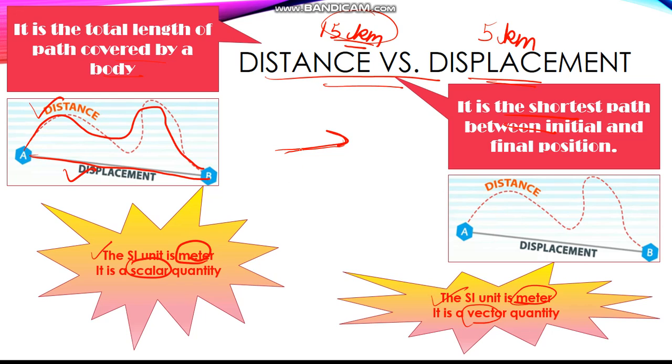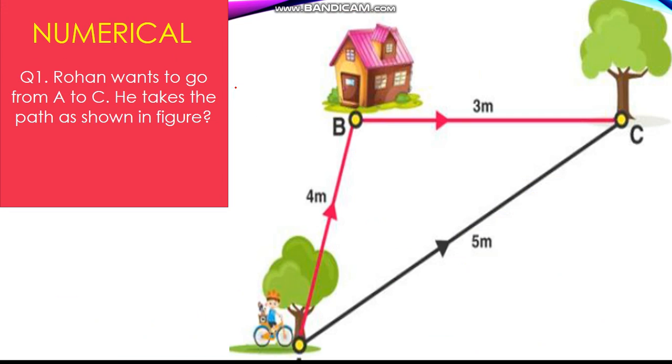The shortest path can be only one. So it has the magnitude also as 5 kilometer, and it has this direction also.